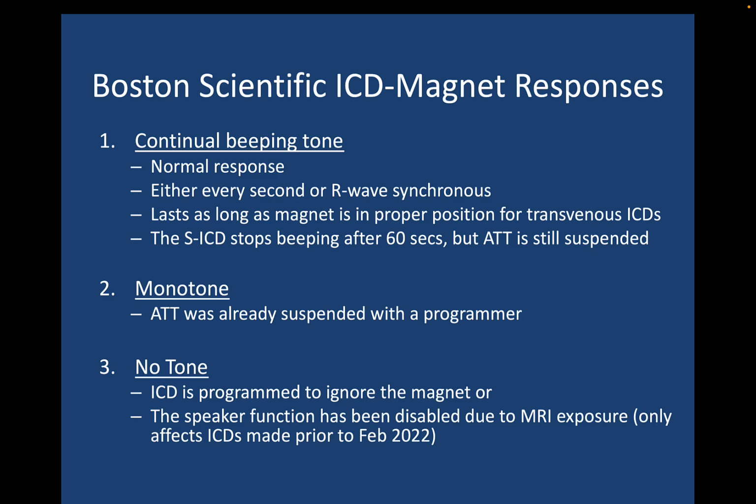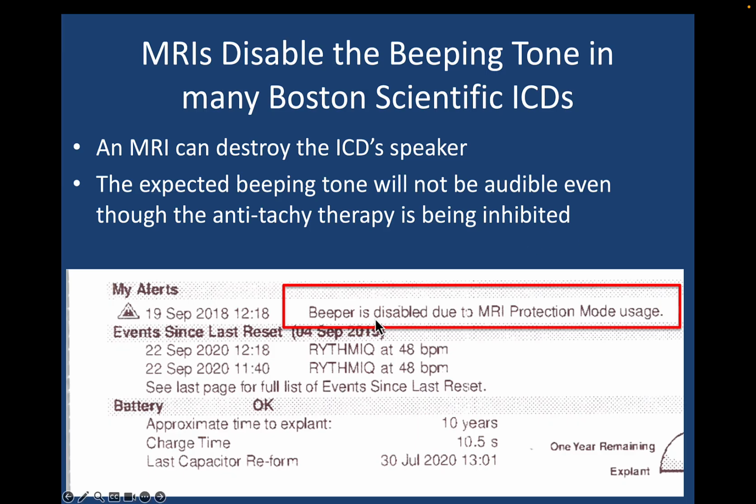And this affects any Boston Scientific ICD that was made prior to, I think, around February 2022. And you're probably thinking, well, how the heck are you supposed to know this? Well, it will tell you on the programmer report that the beeper has been disabled due to MRI protection mode usage.